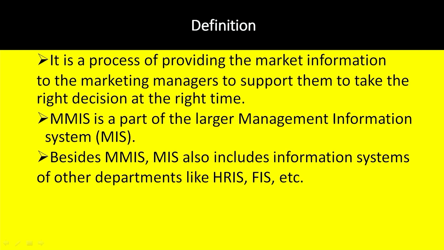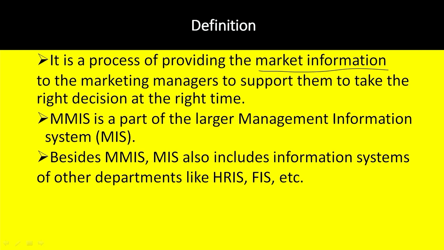Let us first try to understand what is marketing management information system, also known as marketing information system. Marketing managers need a continuous supply of information, so that they can take the right decision at the right time. Marketing managers are highly dependent on good quality marketing information.